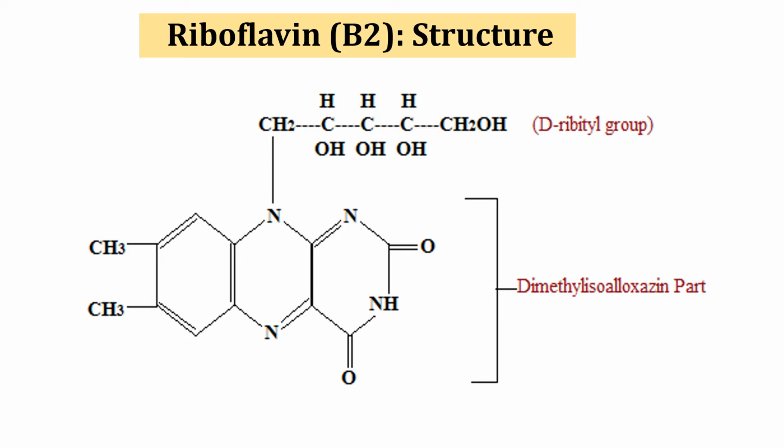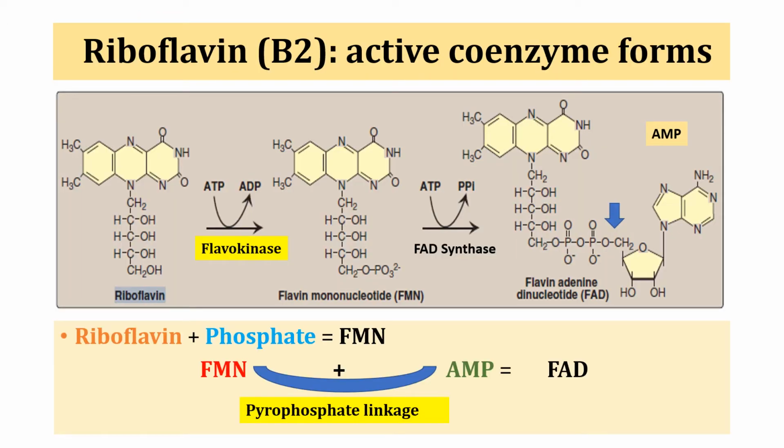While FAD is made up of FMN plus an adenine nucleotide attached to FMN. This slide depicts the formation of active coenzymes of riboflavin, that are FMN and FAD.